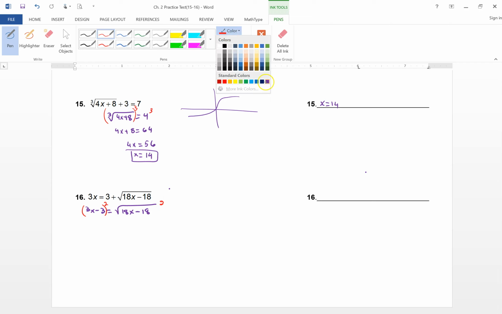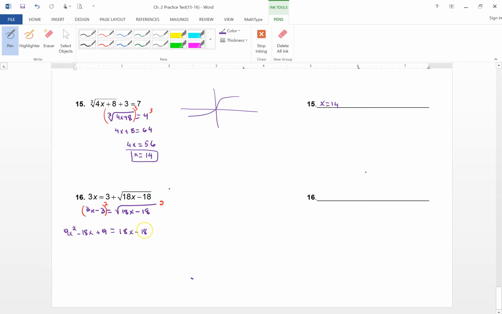So here, what do I get on the left side? 9x squared minus, it's 2 times 3 times 3, so 18x plus 9 equals 18x minus 18. Okay?